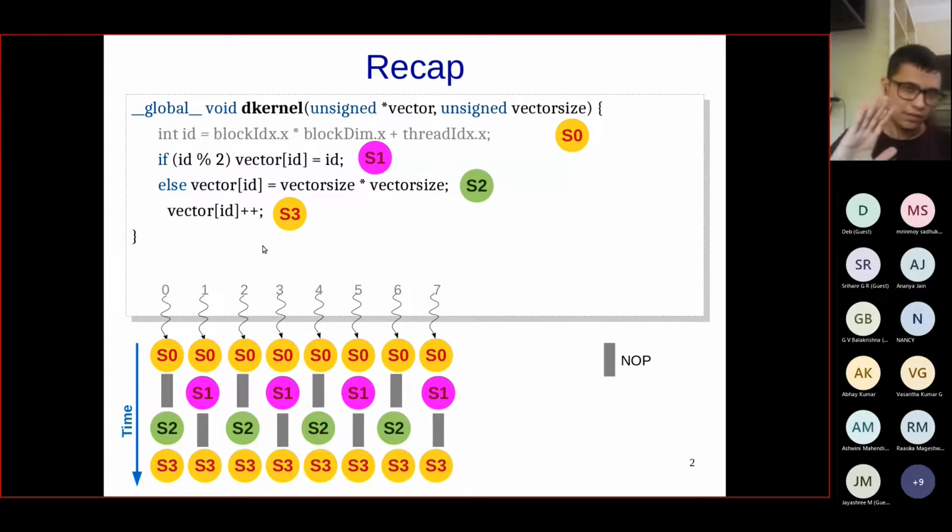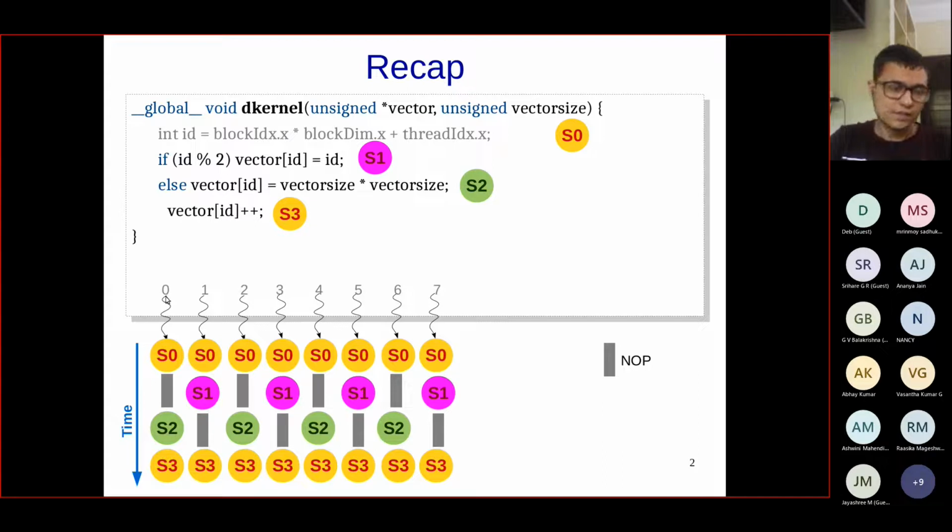If you observe it closely, you will see that the number of steps taken by warp threads to execute this if-else construct is 2. No matter which warp thread you pick, the number of steps taken by that thread to execute this if-else construct is 2. For the thread with ID 1, it takes 2 steps.